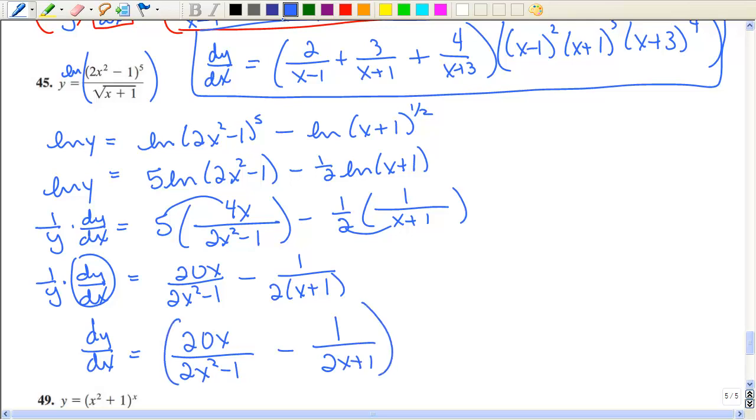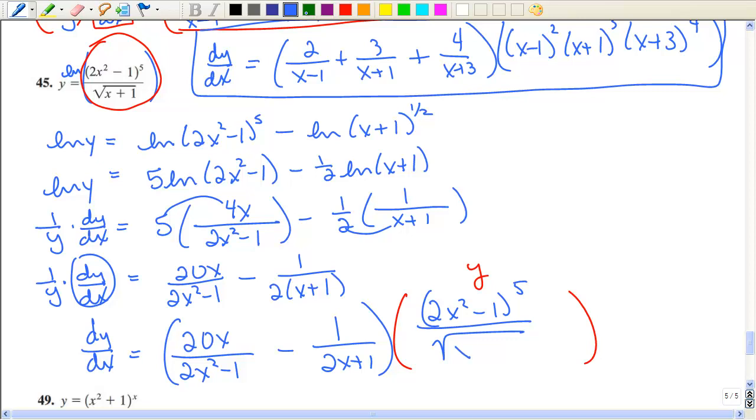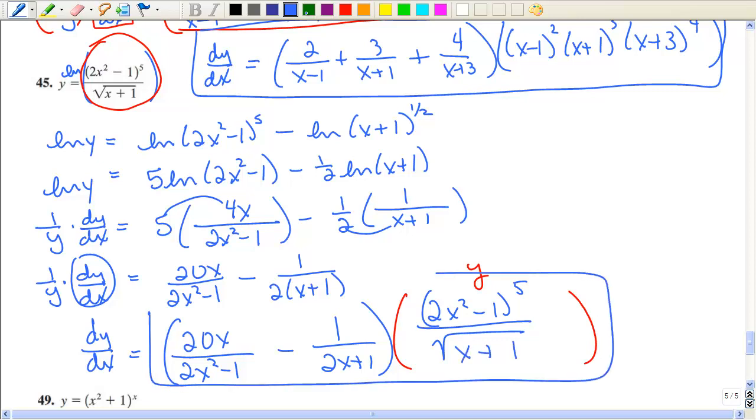All of that times y, but y was the original function, so multiplying times y, and that's dy/dx using logarithmic differentiation.